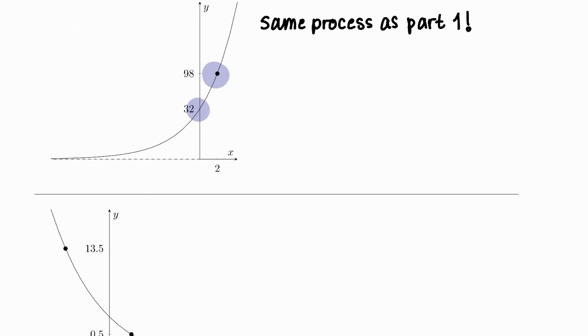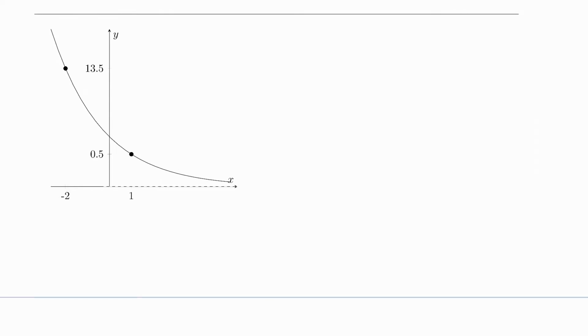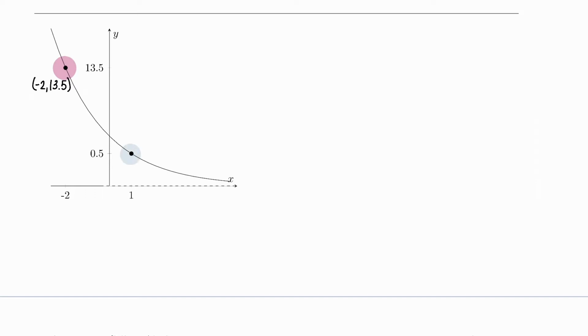But the third one is a little bit different. So what do we have here? We're given this point. So if I write that out, that looks like this is -2, comma 13.5. And I'm given this point down here, which is 1, comma 0.5.